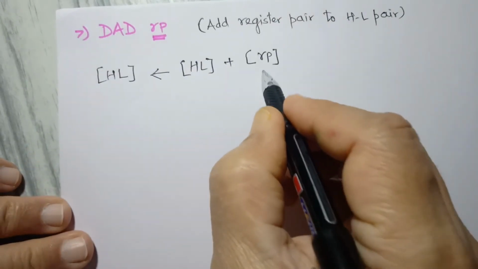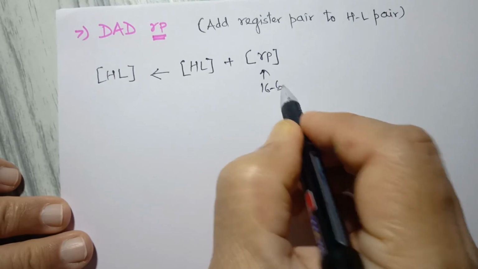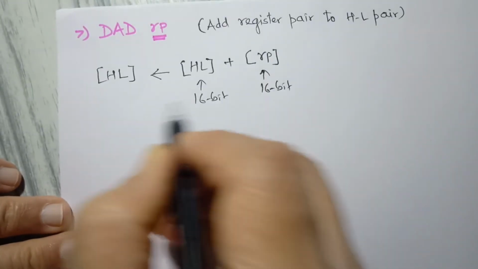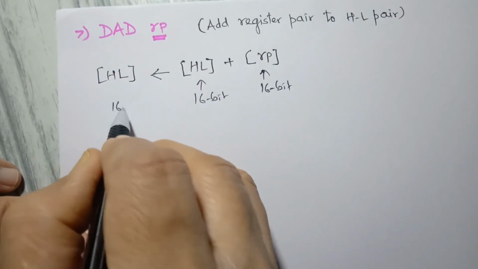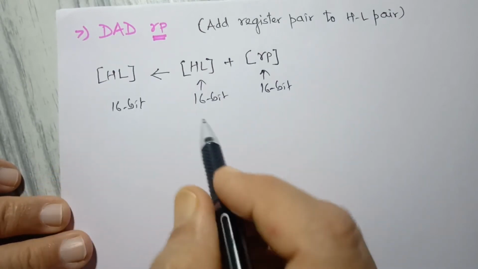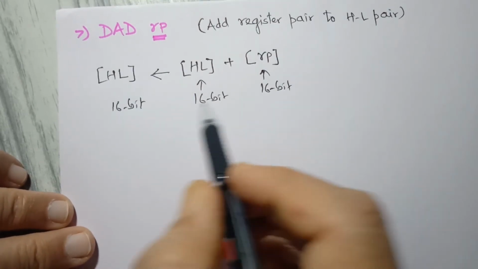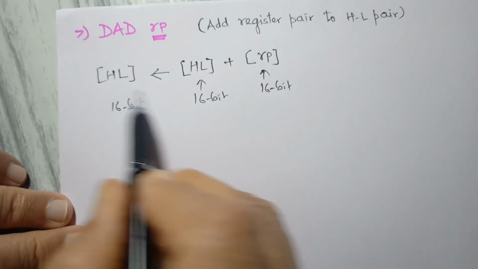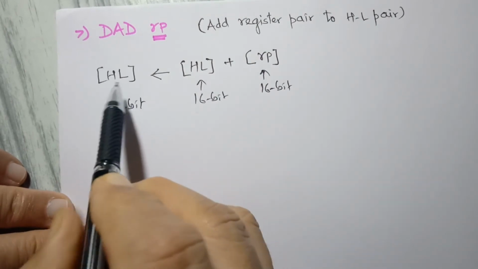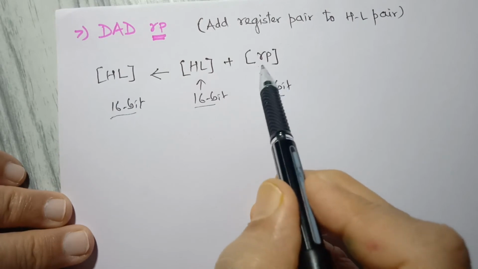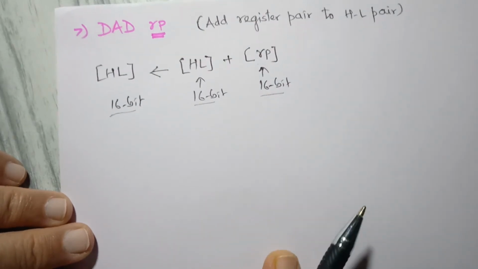See that the HL pair is also 16-bit, and the sum is also 16 bits. So if you wish to add a 16-bit number to the HL pair, it can be added, and the result is placed into the HL pair. So here you can specify any CPU register pair.